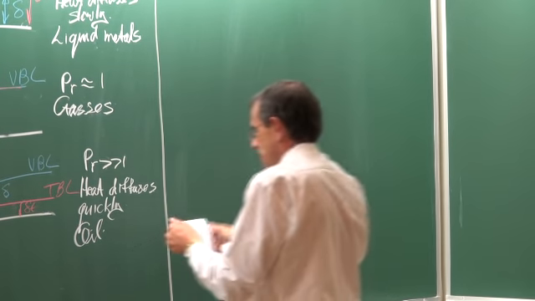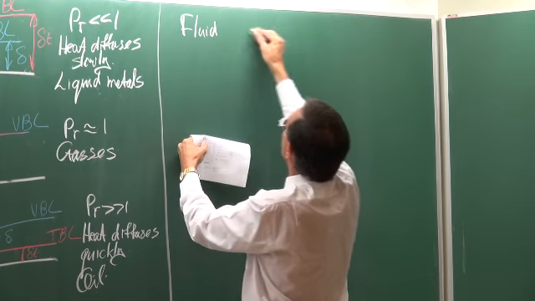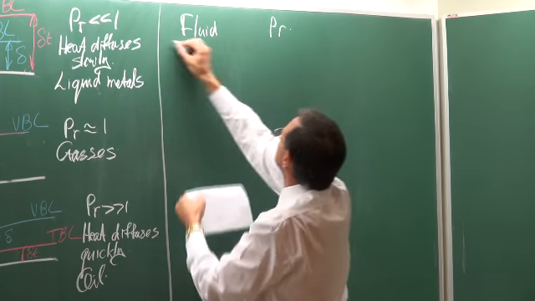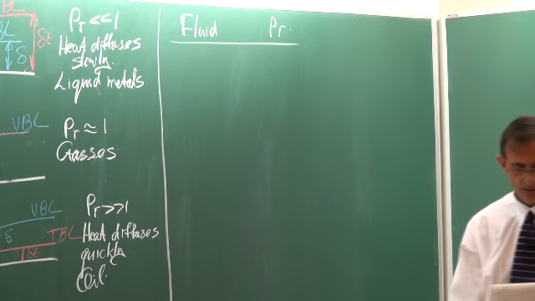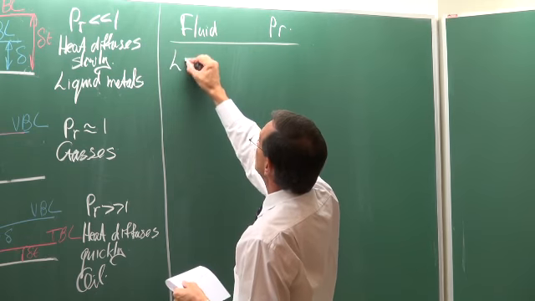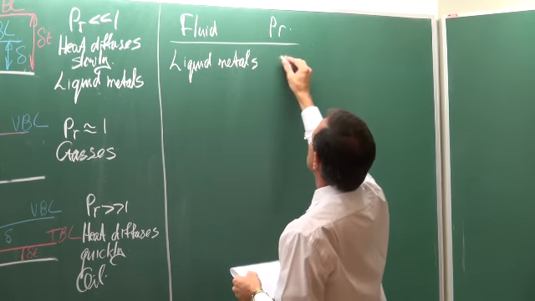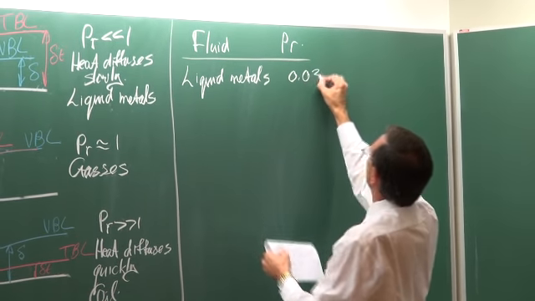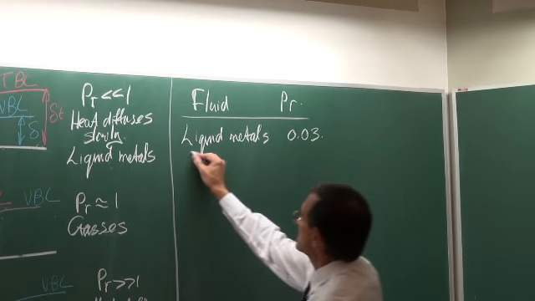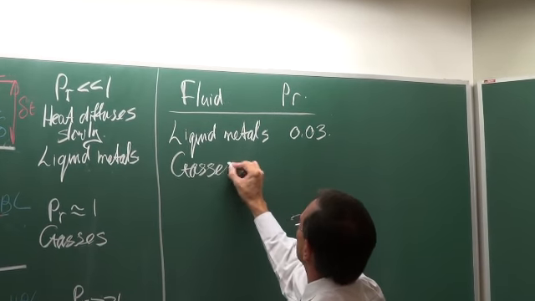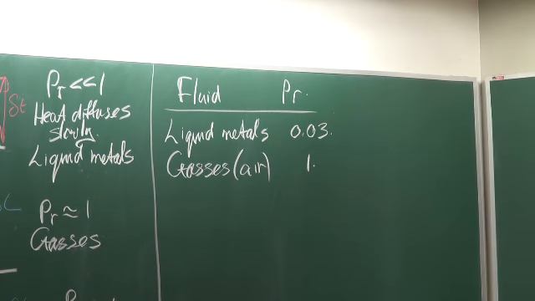Just to give you an indication of different types of fluids and their Prandtl numbers. Liquid metals would typically have Prandtl numbers of about 0.03. Gases, specifically including air, approximately 1.